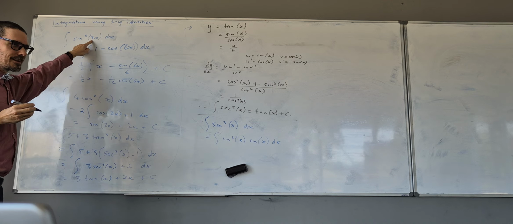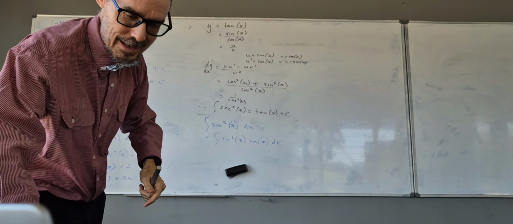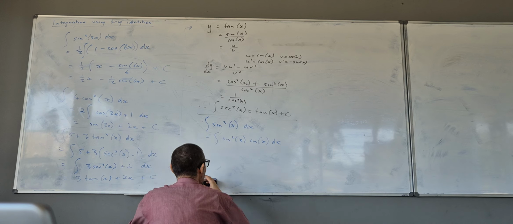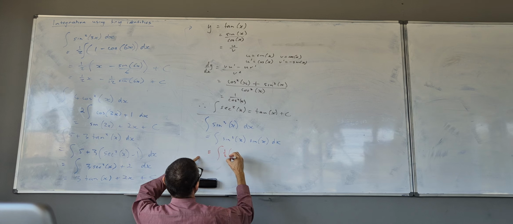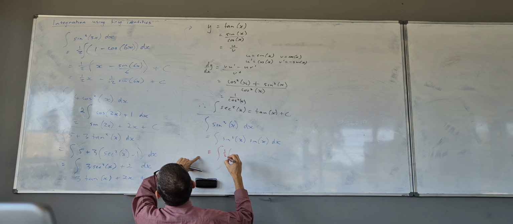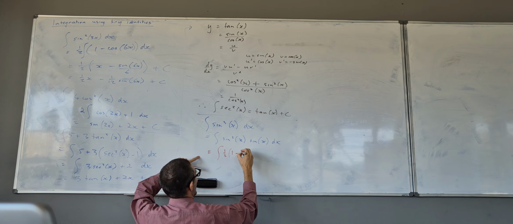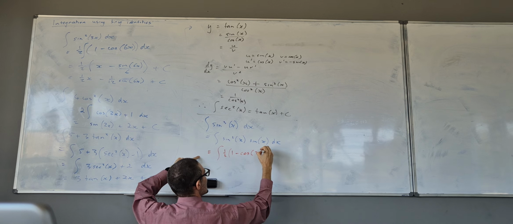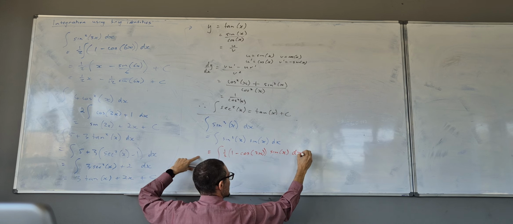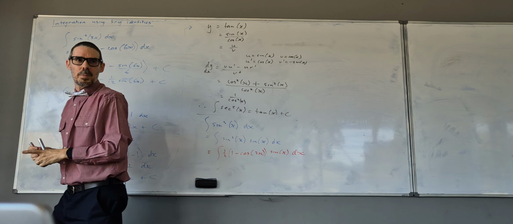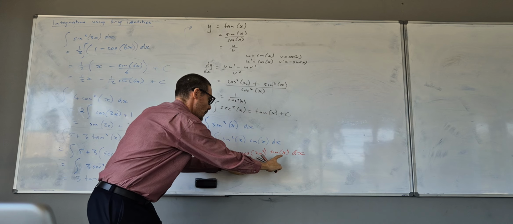That's not going to help. Let me show you what happens. By itself, that's not going to help you because that becomes half. Sine squared is 1 minus cos 2x, times sine x. Don't do this, because now I'm going to end up with a product.